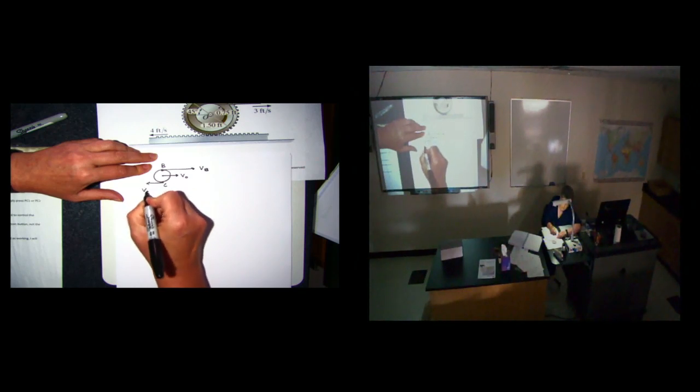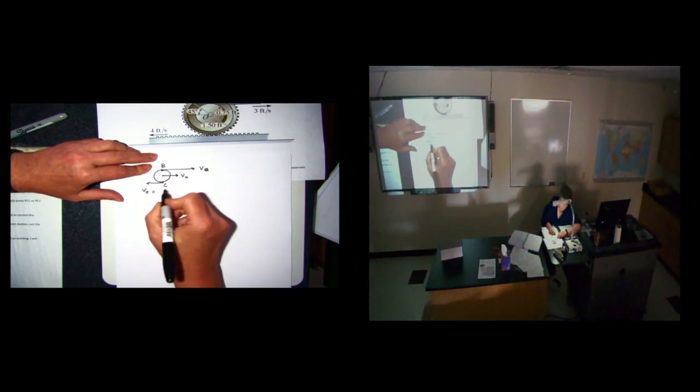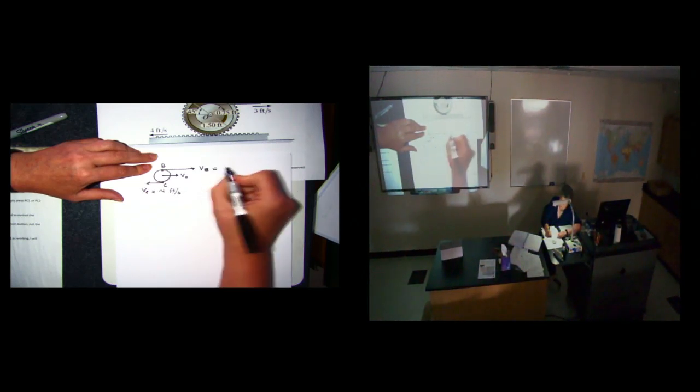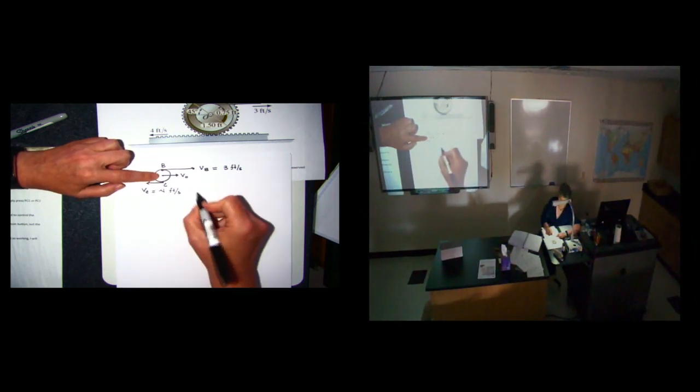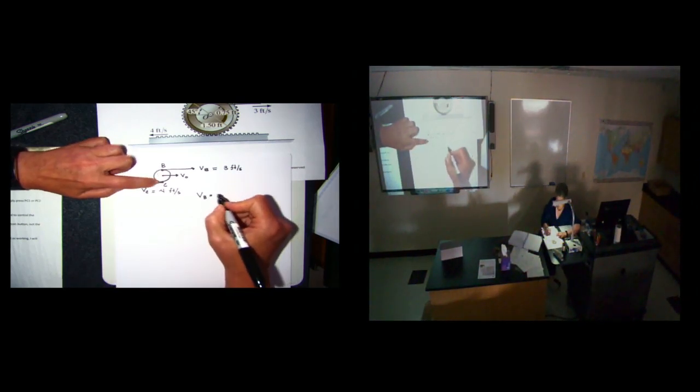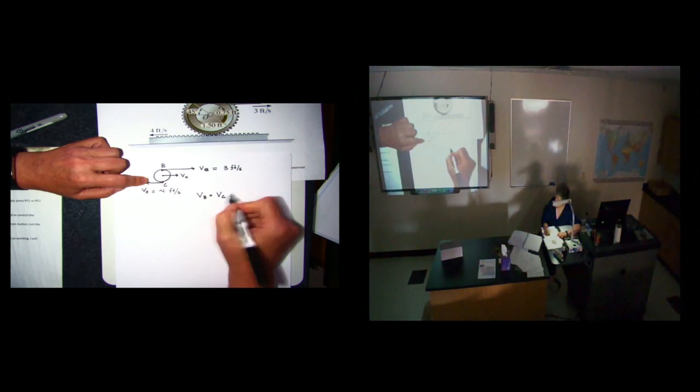Okay, RBC is pretty easy. This radius to here is 0.75 feet. So RBC is going to be my 1.5 plus my 0.75, and that's in the j direction, which gives me 2.25j.